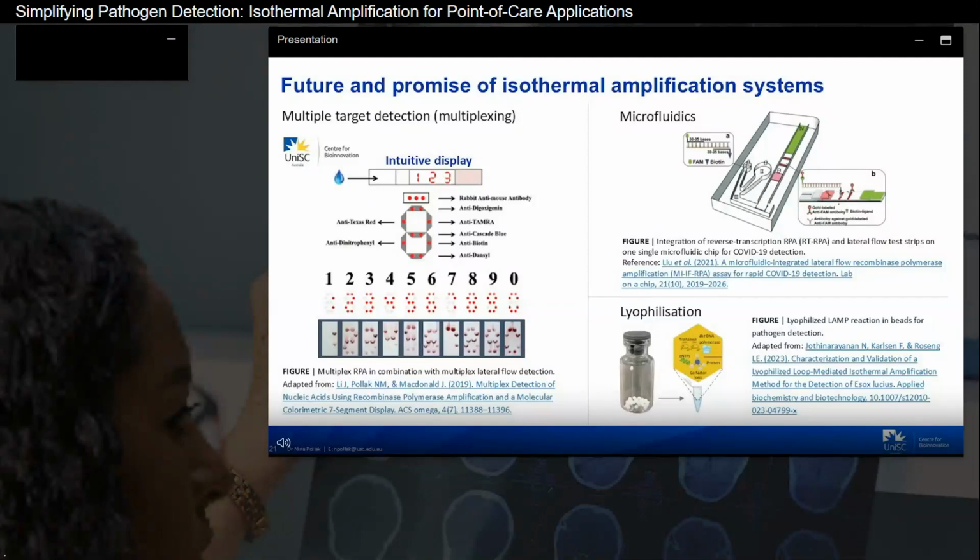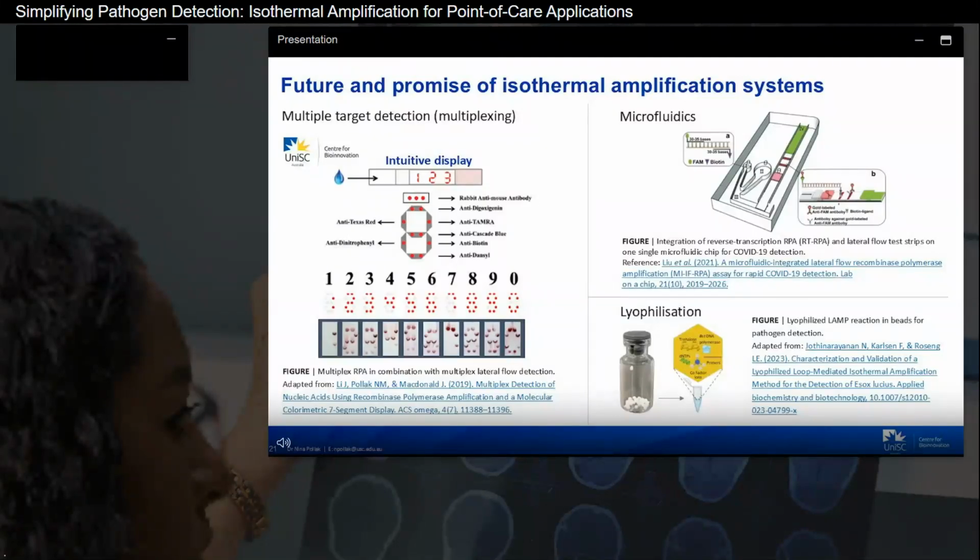So we've successfully coupled multiplex RPA with a compact and easy-to-use format. As you can see in the microfluidics illustration, RT-RPA was successfully integrated with lateral flow strips on a single microfluidic chip for COVID-19 detection. Another key requirement for isothermal amplification systems is long-term stability across a broad temperature range.